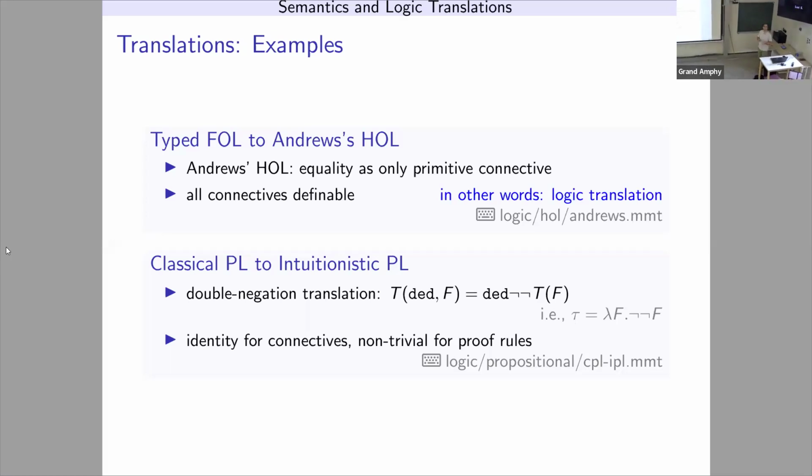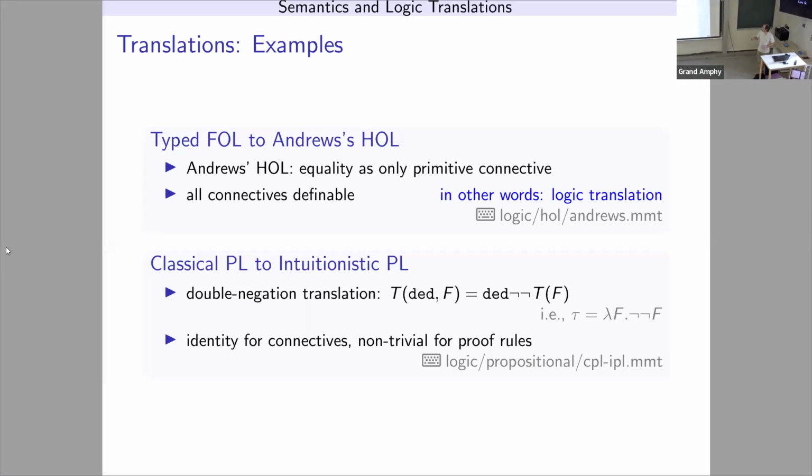So every formula gets double negated, and that maps it from the classical logic to the intuitionistic. This double negation happens once at the top, so that's why we need this truth lifting tau, which is just the double negation. So proofs of F get mapped to proofs of not not the translation.